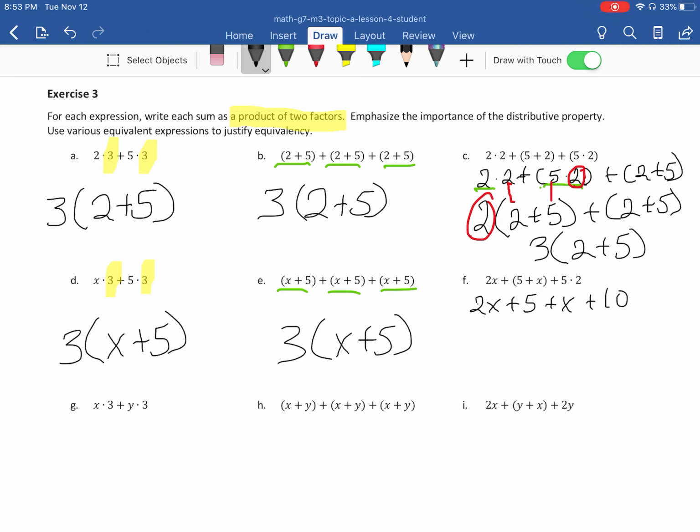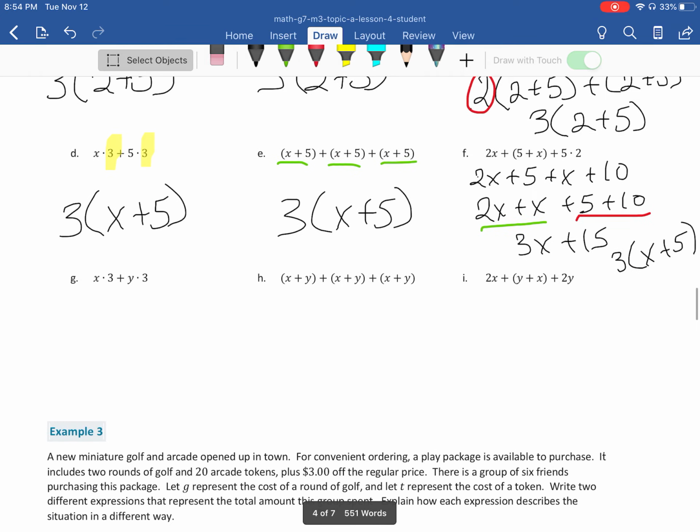Now that they're all plus signs, we can use the commutative property and the associative property, and let's rewrite it. 2x plus x plus 5 plus 10, and I can now easily combine my like terms, and I'm left with 3x plus 15, and I can factor out my 3, leaving me x plus 5.